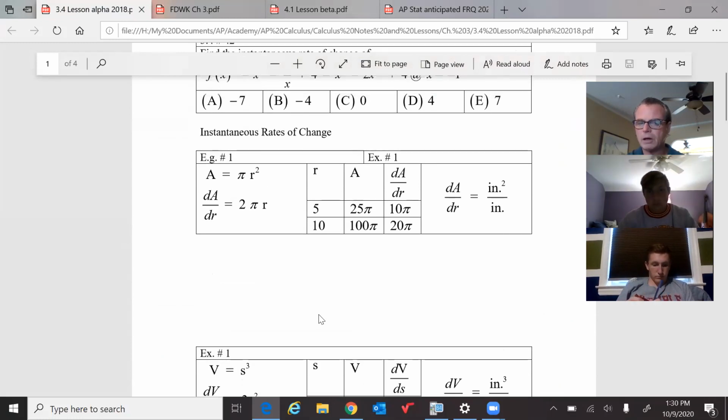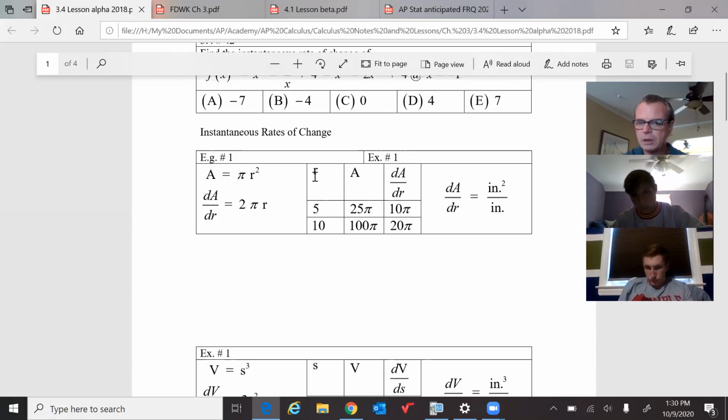The area of a circle is pi r squared. The derivative, the change in area with respect to the input, which is radius, is the power rule. Pi is a constant. It would just be pi times 2r, or 2 pi r, commutative property of multiplication, it doesn't matter. So here's my H chart.